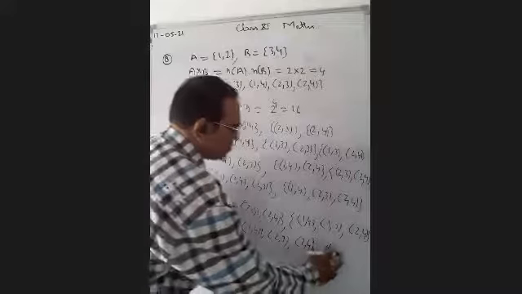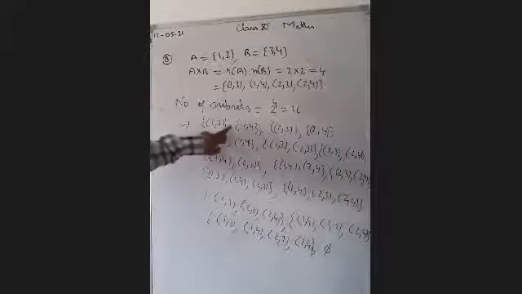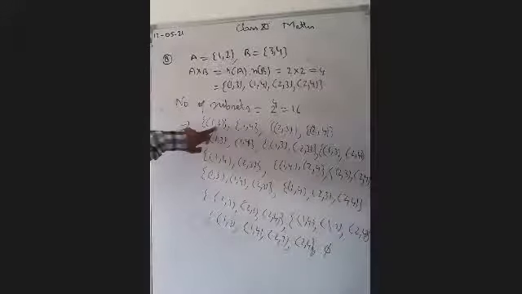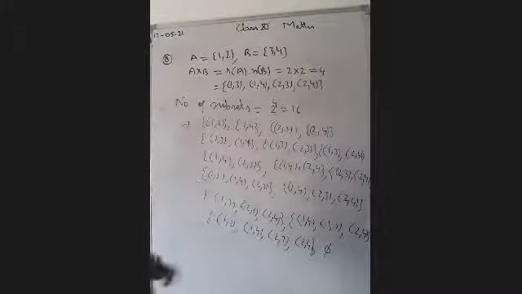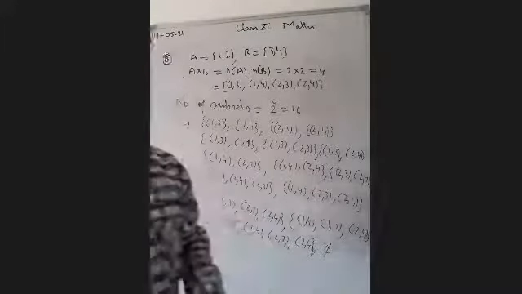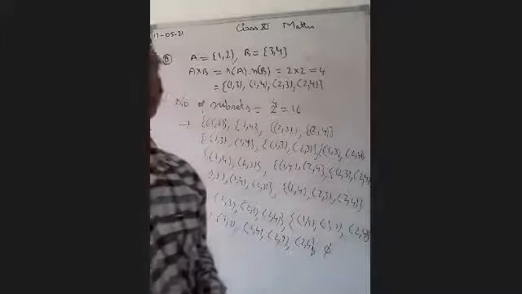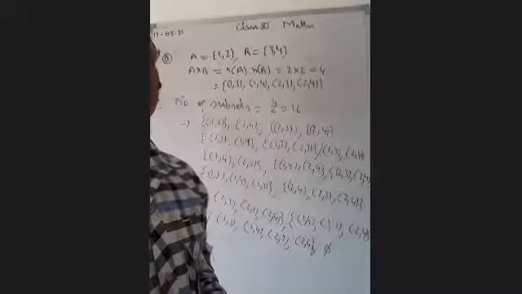Then the last one is the empty set. So we got these types of sets. 4 plus 6 is 10, 10 plus 4 is 14, 14 plus 1 is 15, plus the empty set makes 16.